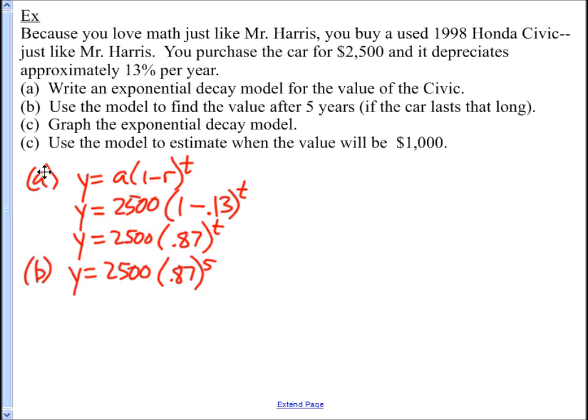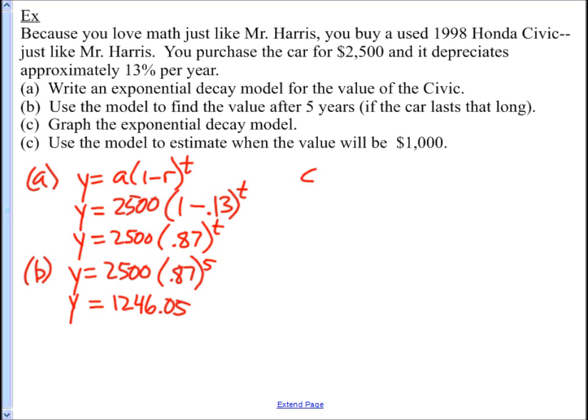It drives me nuts to hold this mic. All right, looks like after 5 years it ends up being 1246.05. Make sure you can get that on your calculator. So there's part B.